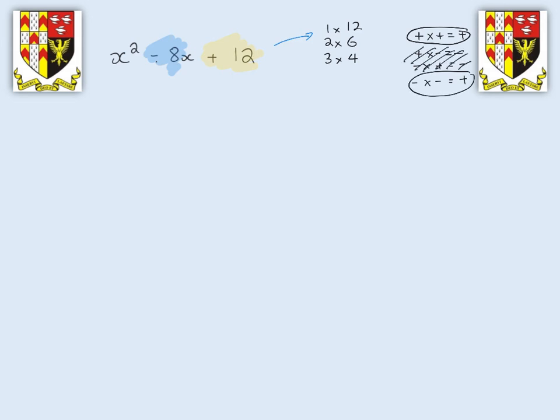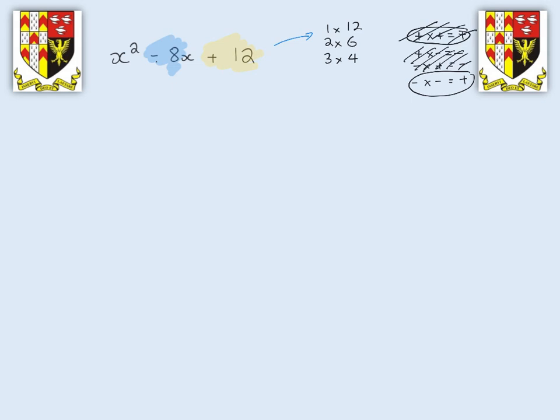Now, if I have a sum of negative 8, I can't add together two positive numbers and get a negative number. If I add together two positive numbers, I'm just going to get a bigger positive number. So if you have a negative sum and a positive product, it must be that both of the numbers there are negative.